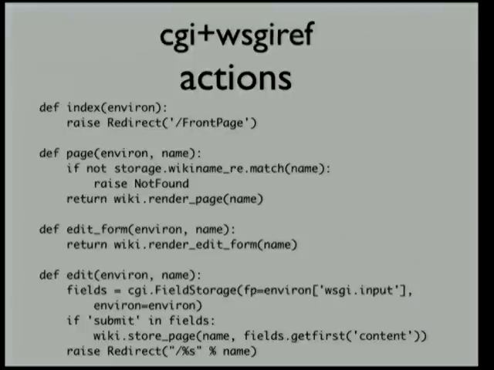Now, you can see, obviously, when we handle the edit, we have to manually invoke the CGI module to actually pull apart the request that's coming in. But that's, again, pretty straightforward. It's mentioned in the documentation, and it's not a lot of work, and I could probably farm this off to the top level application and handle this in all cases and pass the form data in. So again, this is why I keep writing my own framework, but it is pretty bare bones.